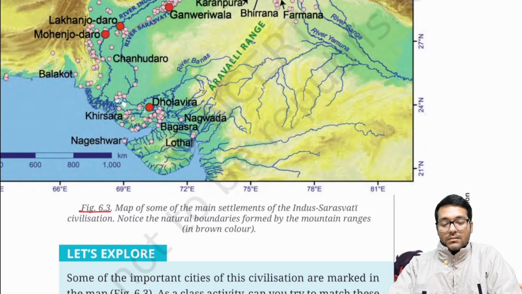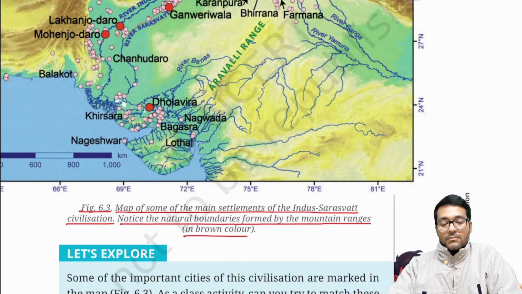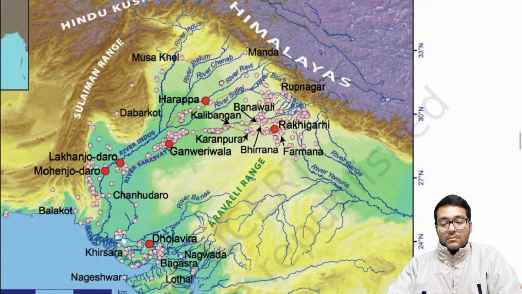Figure 6.3, map of some of the main settlements of the Indus-Saraswati civilization. Notice the natural boundaries formed by the mountain ranges in brown color. You can see a thematic map here.